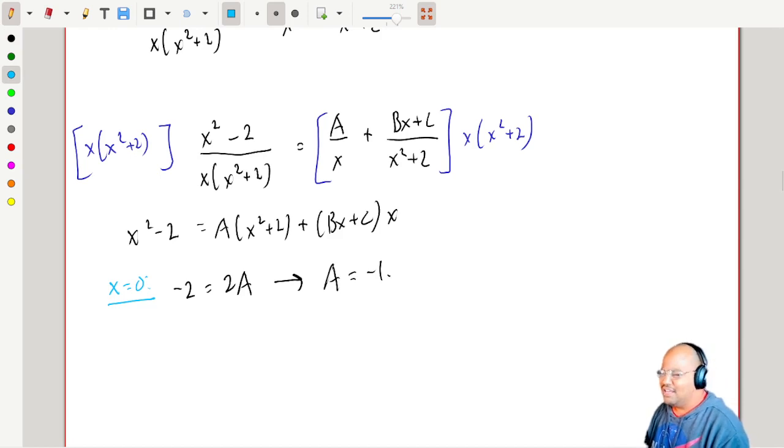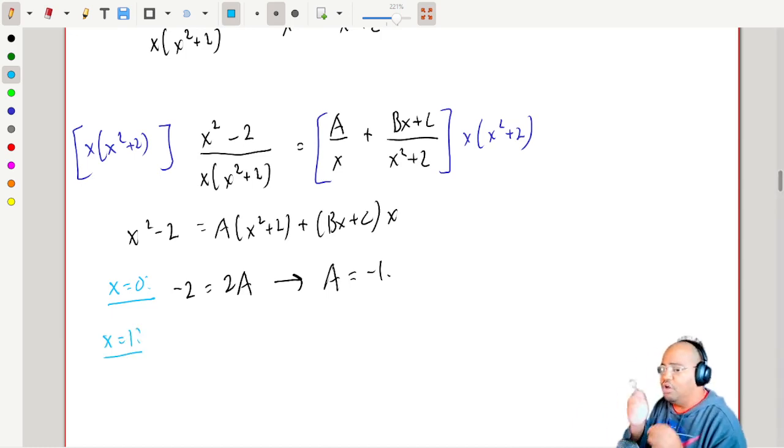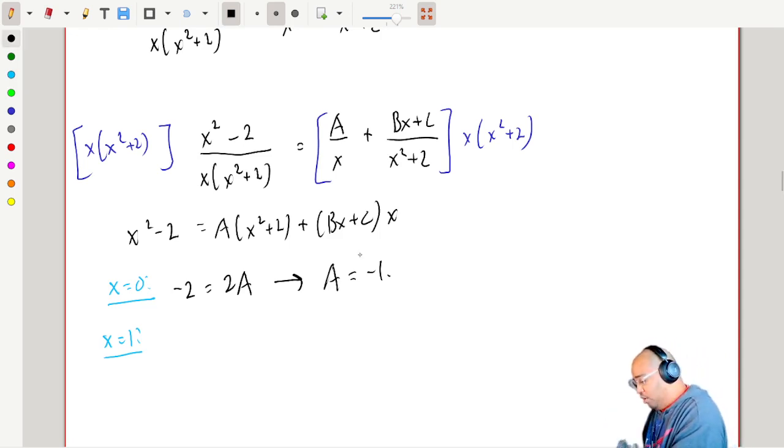Okay, now we've got to work a little harder here. This is, again, where the cover-up method can end up being a little finicky. We're still going to have to solve a system of linear equations. So let's see what happens when we set x equal to 1. On the left, 1 squared minus 2 is negative 1.